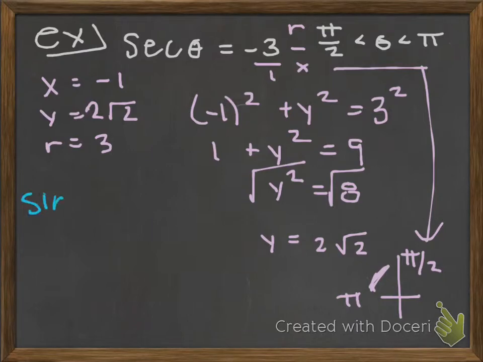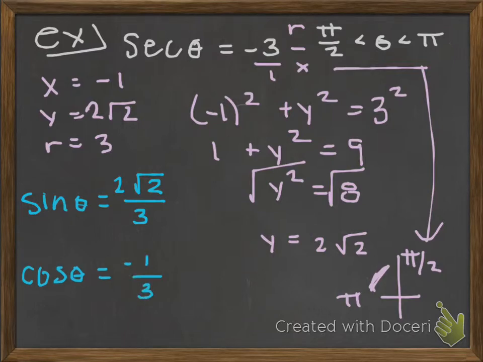So sine is y over r, so I get 2 root 2 over 3. And cosine is x over r. So I have -1 over 3. So throughout the whole problem, we're going to constantly be going back to these two values. Okay, we're going to be using sine and cosine values.